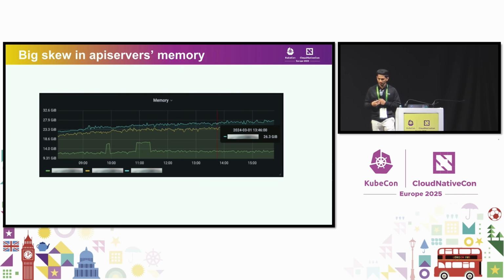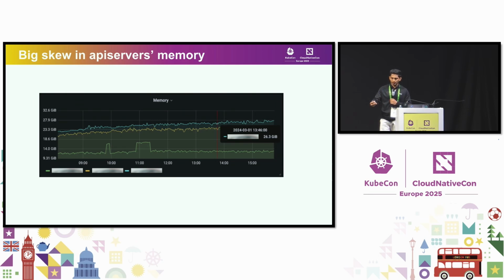What kind of problem? So as Ryan mentioned, if, let's say, a list request storm comes in when this skew exists in the control plane, the chances of the blue API server getting killed become much higher because it is consistently above average memory utilization compared to the other two.